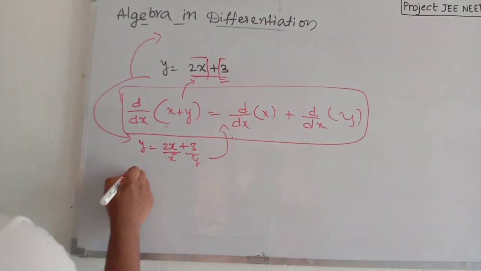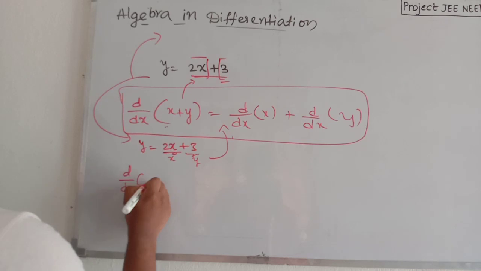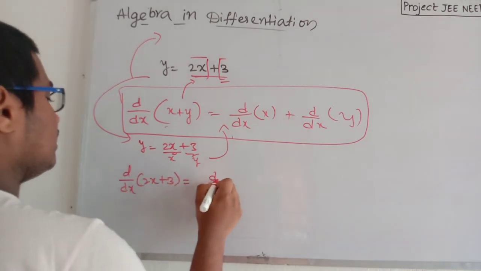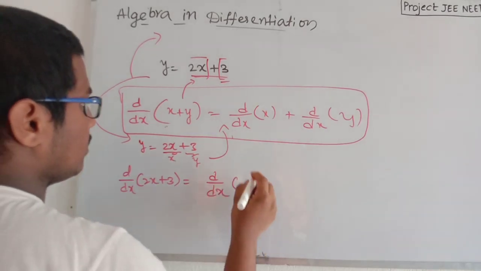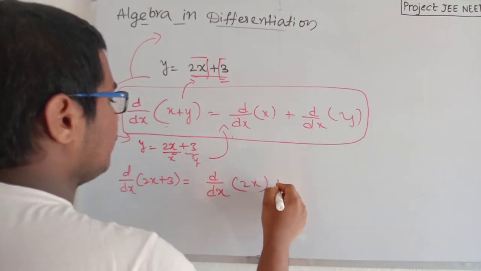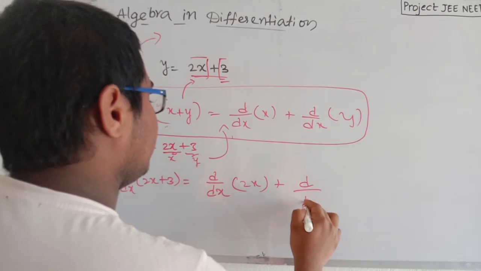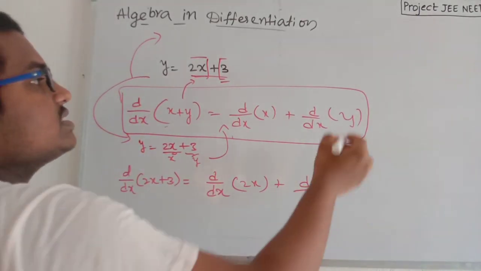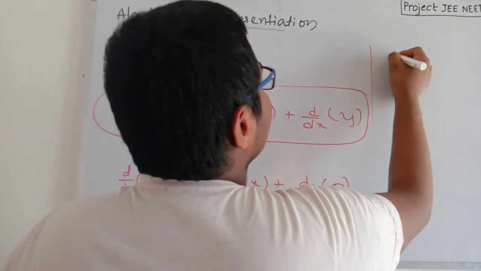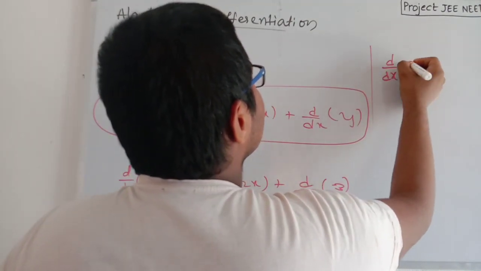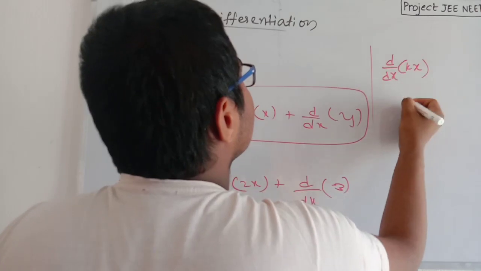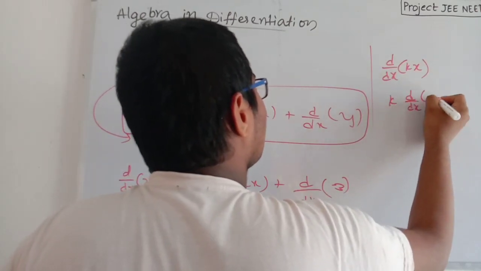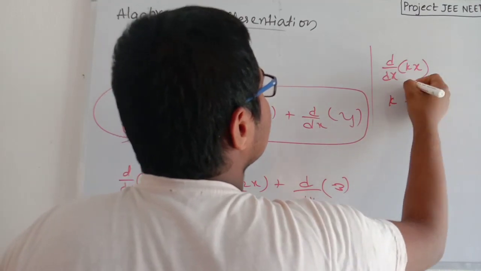So let's substitute them. d by dx of 2x plus 3 is equal to d by dx of 2x plus d by dx of 3. We have discussed that if the given term is in the form of k into x, then it is k into d by dx of the remaining term.